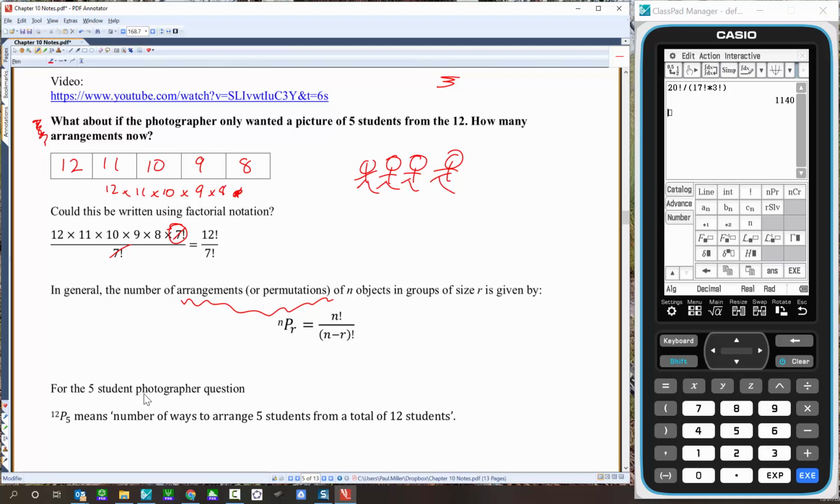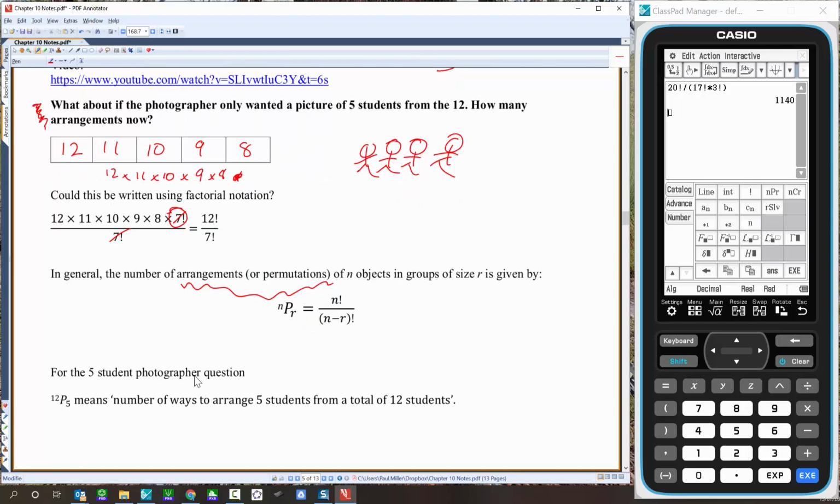All right, so for the 5 student photographer question, 12P5 means the number of ways to arrange 5 students from a total of 12 students. And we can use the formula on that. I'll just show you quickly. So 12P5, number of ways to arrange 5 students from a total of 12. So n is 12 factorial over n take r factorial.